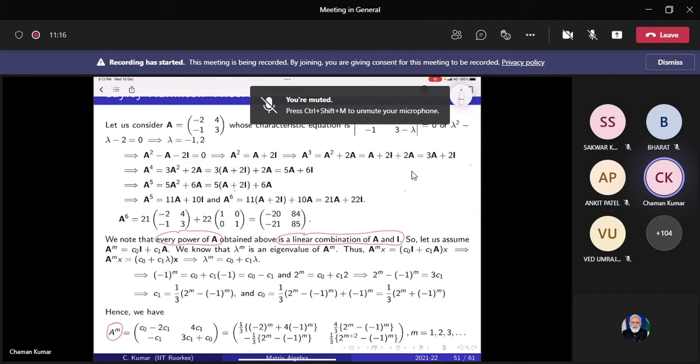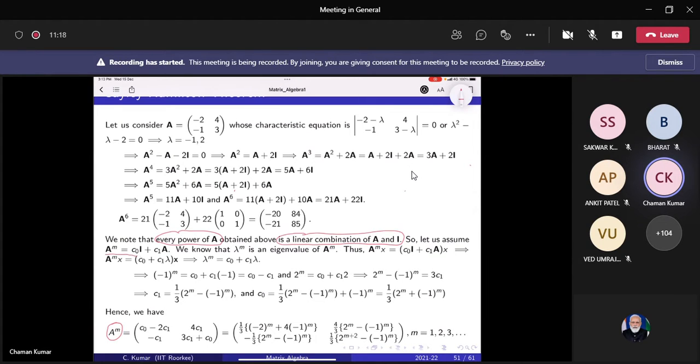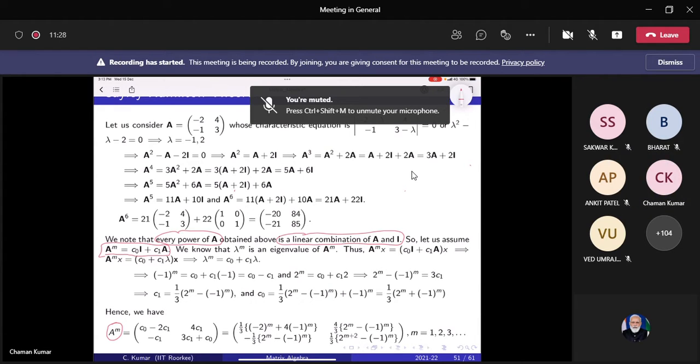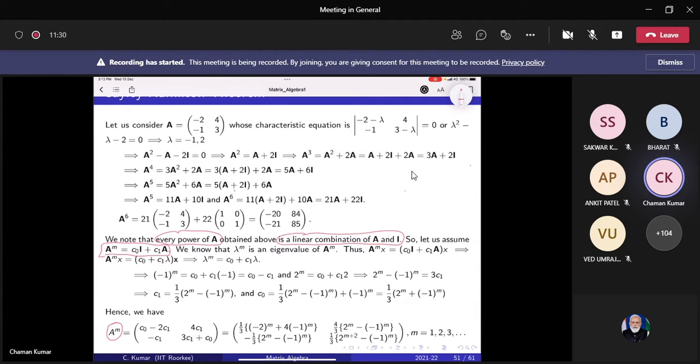Therefore, we can say that the mth power of A is equal to C naught I plus C1A, where C naught and C1 are unknown constants that we want to determine.